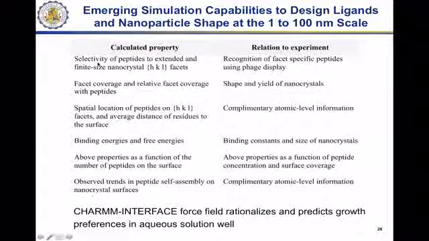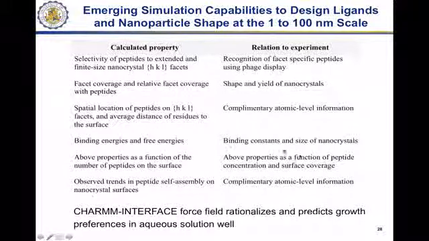We can calculate the selectivity to specific facets, which will then correlate with the recognition of specific peptides, using phage displays, that is found in experiment. And we can determine things like facet coverage and relative facet coverage that correlates with the observed shape and yield of nanocrystals. We can look at the spatial location on those facets and some specific distances, which provide some extra atomic level information, actually a rationale for the observations.